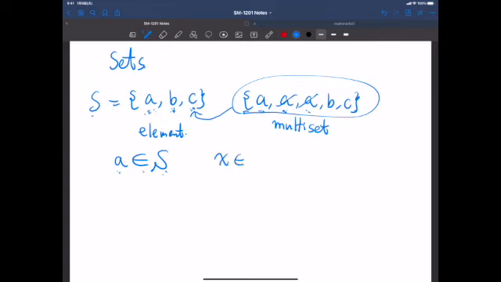Or X is an element of S, and so on. In this case, if S is this set, then X should be one of A, B, or C. And if X does not belong to this set, we write it does not belong to S. Okay.